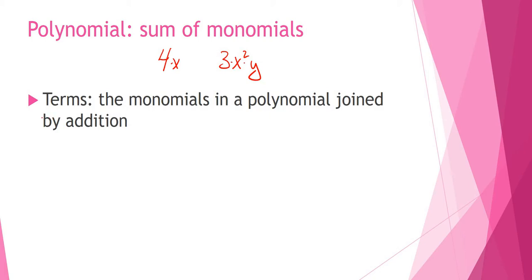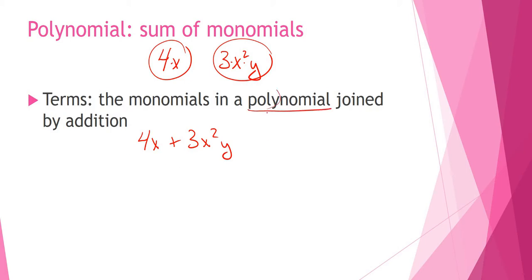Okay? So when we have terms that are joined by addition, we take our monomials, our single pieces, and join them together with a plus sign. This now is a polynomial, poly meaning more than one, that has two different terms joined together.